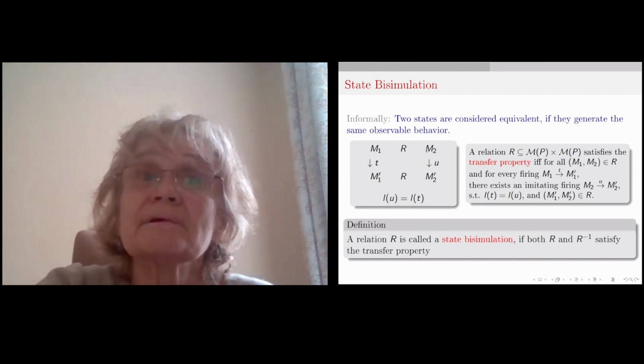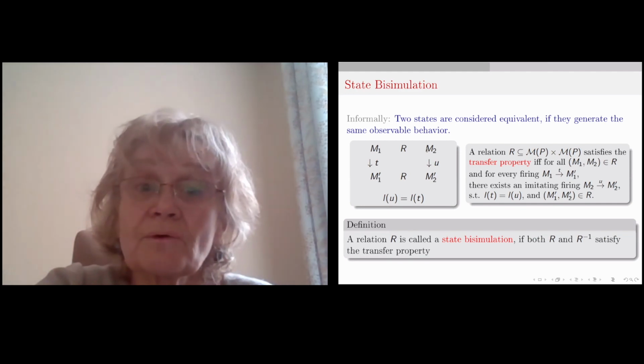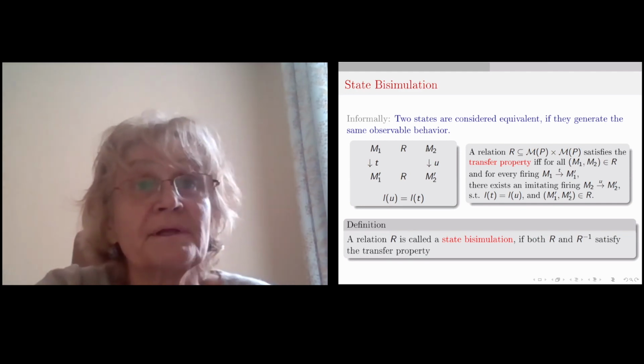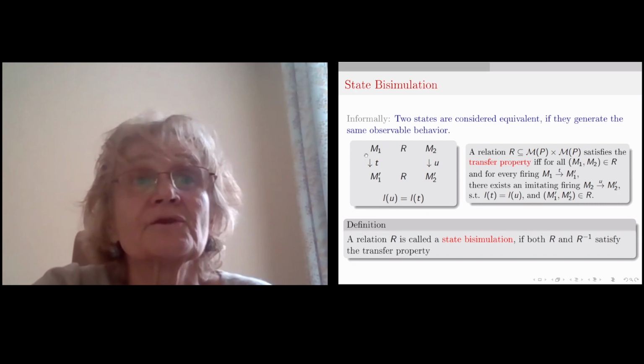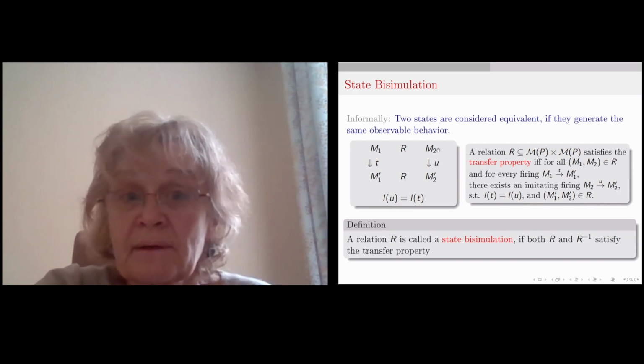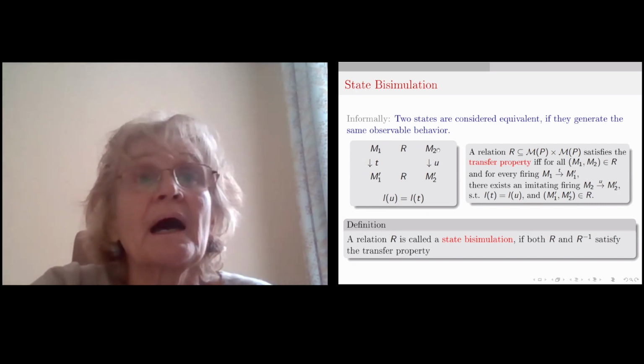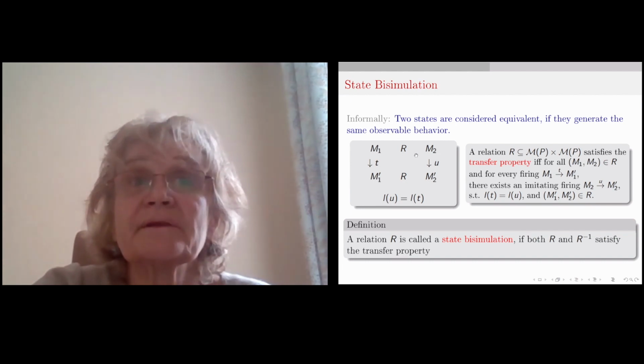There is a so-called transfer property. What does it mean? We have two states here, M1 and M2, and we say that they are equivalent.